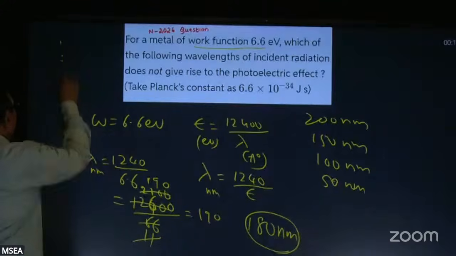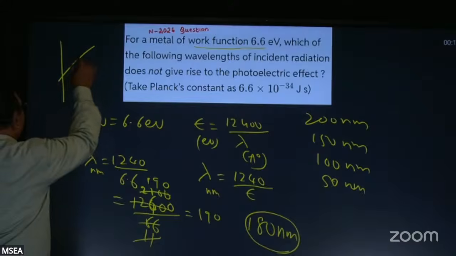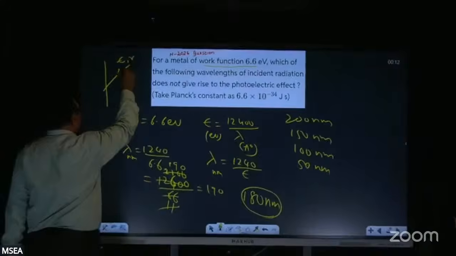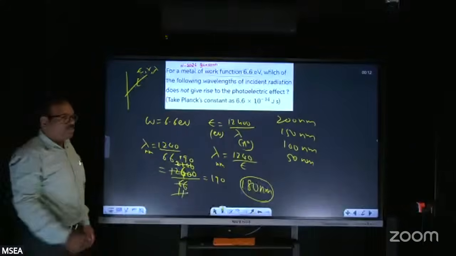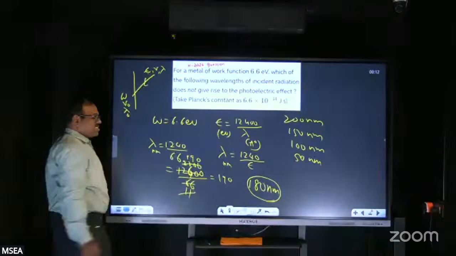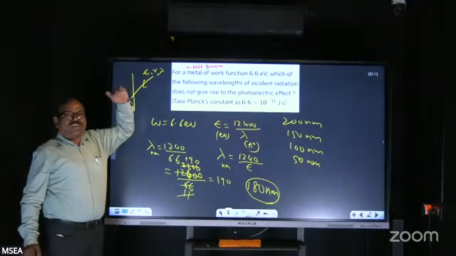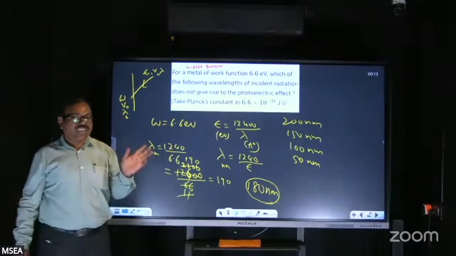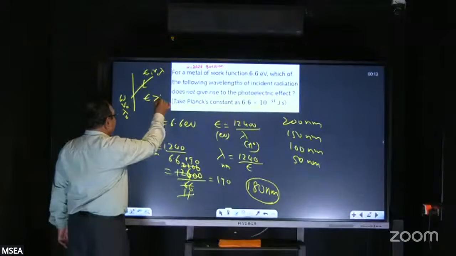In the photoelectric effect, a suitable energy or frequency and wavelength is falling on the metal surface, with work function W, threshold frequency, and threshold wavelength. The energy falling on the metal surface must be greater than the work function, then only photoelectrons are ejected out. E should be greater than W.